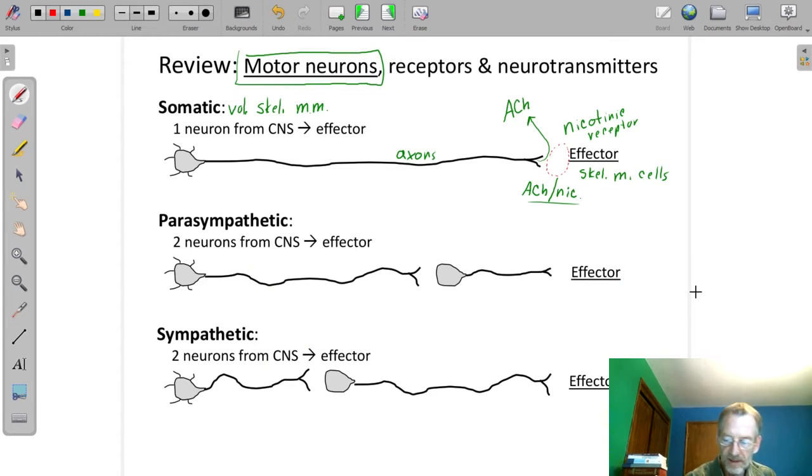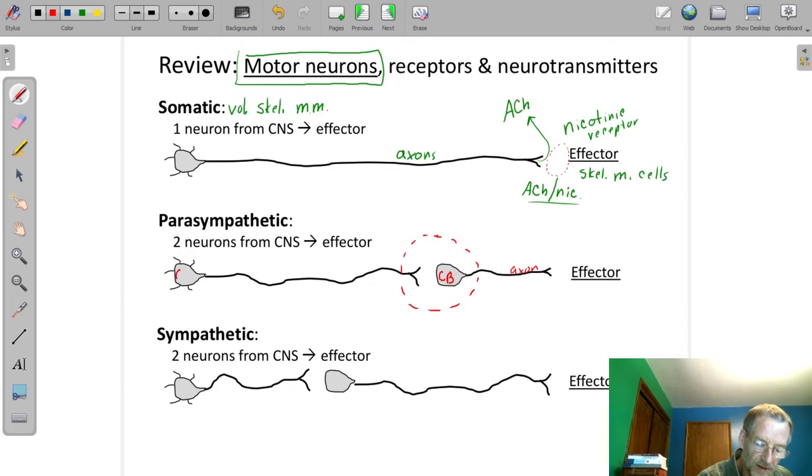Parasympathetic, let's do the same thing. We have two neurons now, one on the left, one on the right, and here is the ganglion. So if you remember, the definition of a ganglion is a collection of cell bodies, CB, cell body, and these of course are the axons.